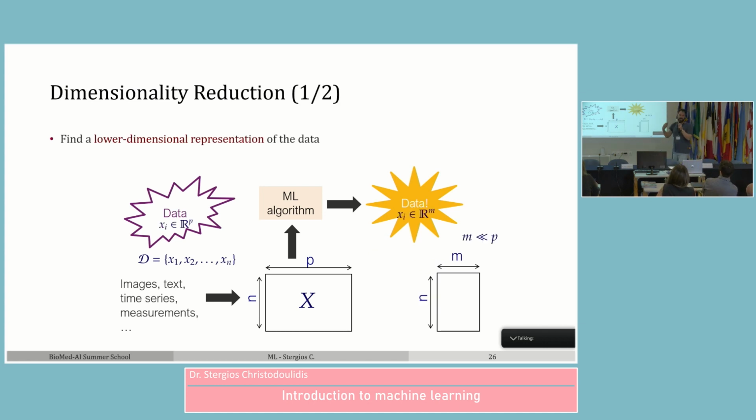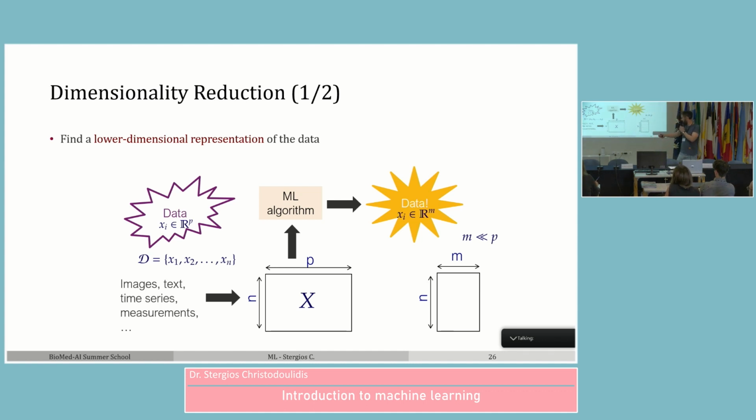Okay, so a special case of unsupervised learning is dimensionality reduction, where the task is not only to learn a new representation of your data, but also to learn a smaller representation of your data. Here is a table to represent your data.